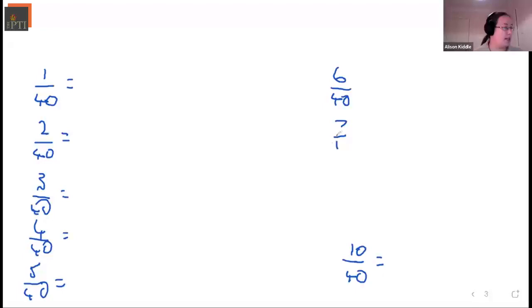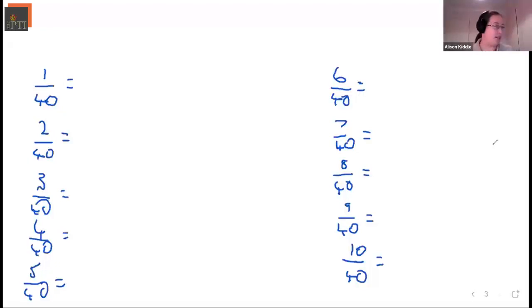So this could be a warm-up task at the start of the activity. You could just have students working on their own, maybe on mini whiteboards, writing down the fractions from 1/40 up to 10/40, and writing as many of them as decimals as they can in a particular length of time.